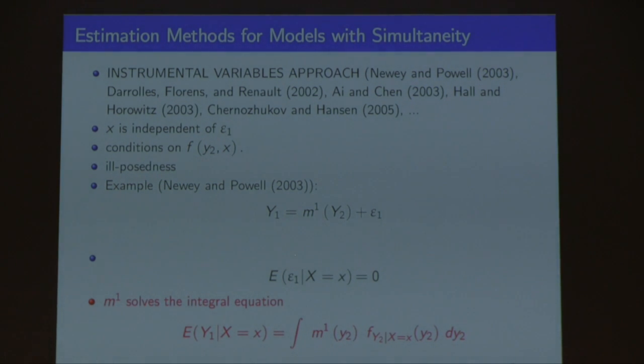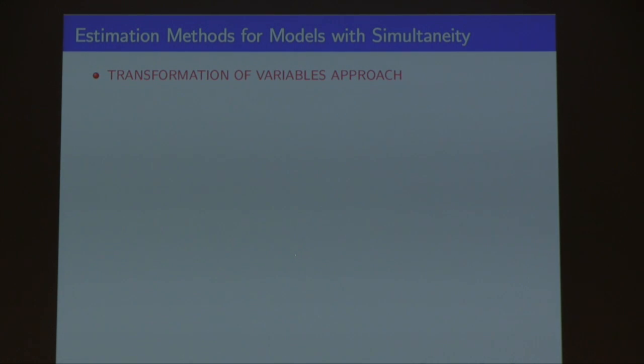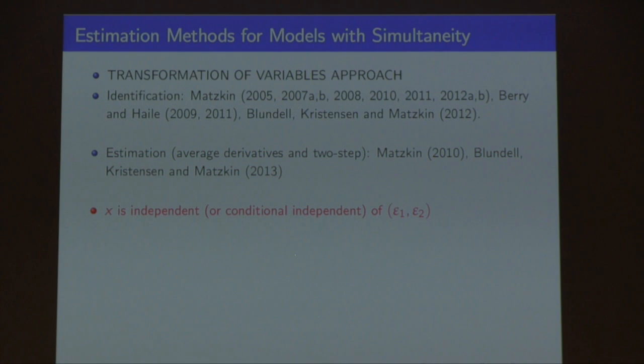Now, a different approach is a transformation of variables approach, which is an approach that I have followed. This imposes some restrictions on the function, but most of them are testable anyway. First, we do want that x, the observable variable, be independent or conditionally independent of the unobservable variables.